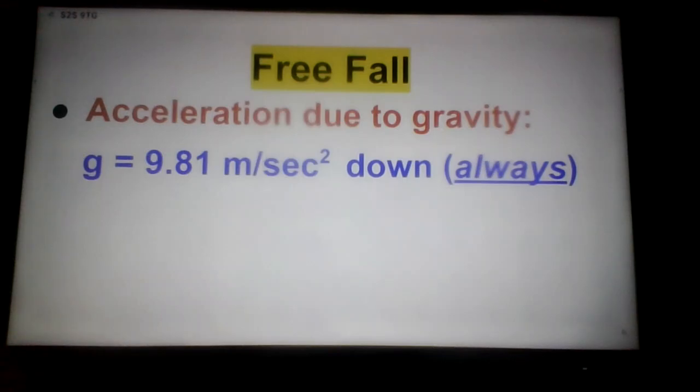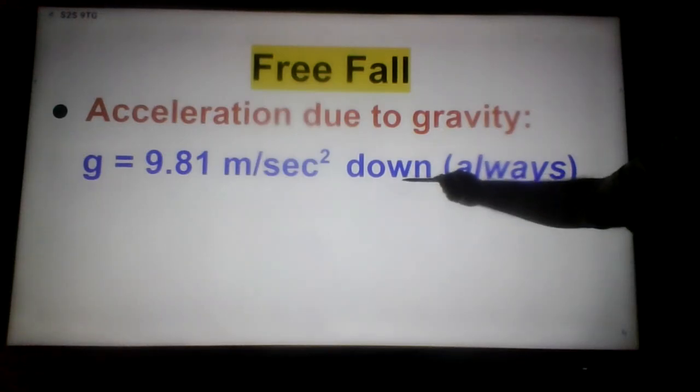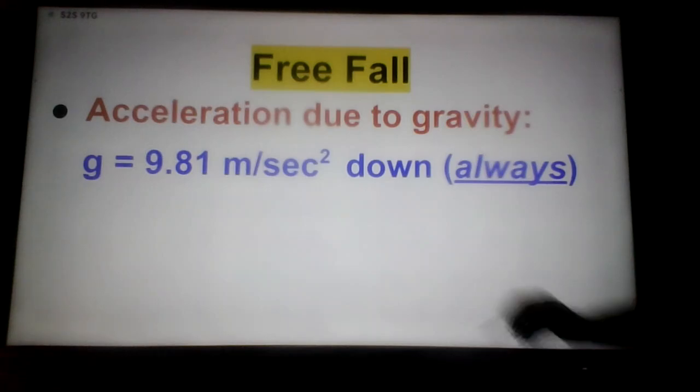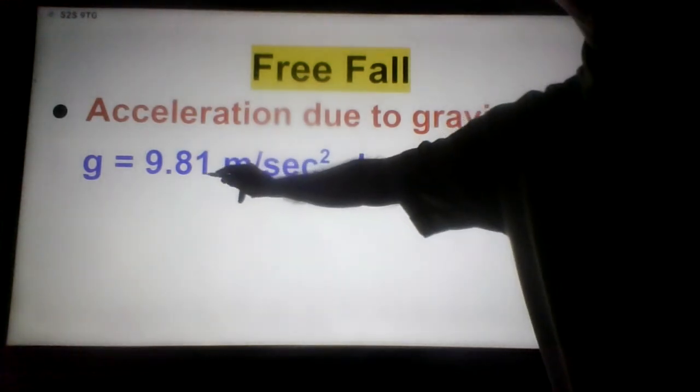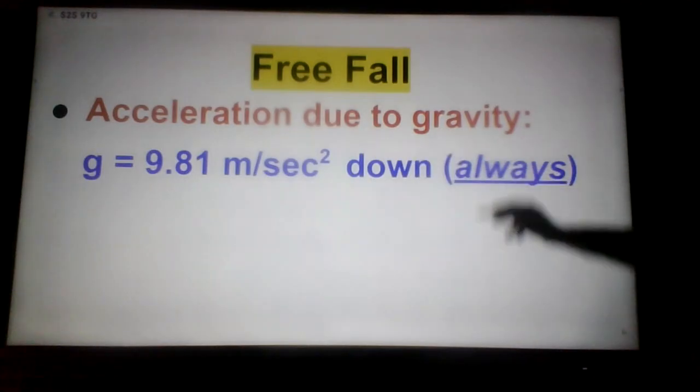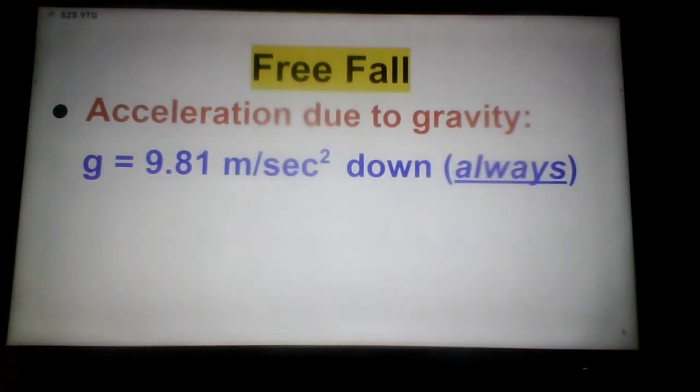And since acceleration is a vector, we need to include the direction. And gravity always pulls things down. So this is a number you're going to memorize and you're going to use all the time. The acceleration of gravity on Earth is 9.81 meters per second squared down always.